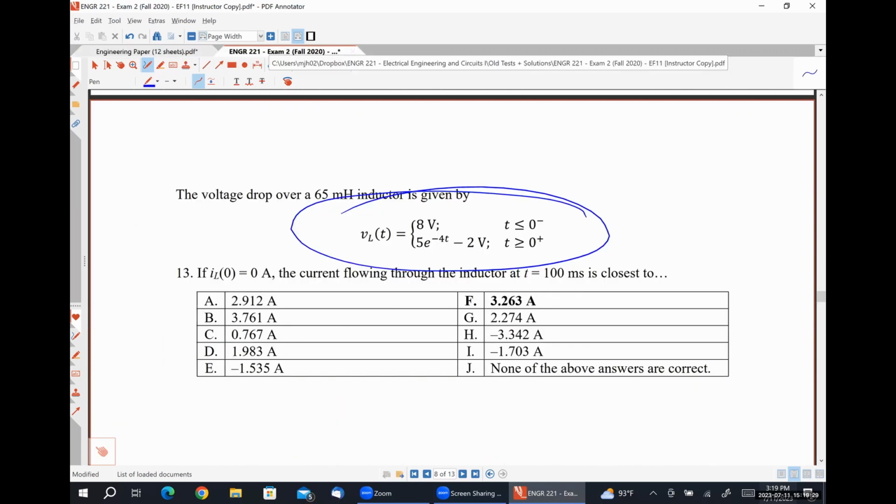I ask you to do this in the in-class assignments, and I know for sure there are homework problems for this as well. When I went through the homework sets, I was like, this is just a straight application of the relationships.